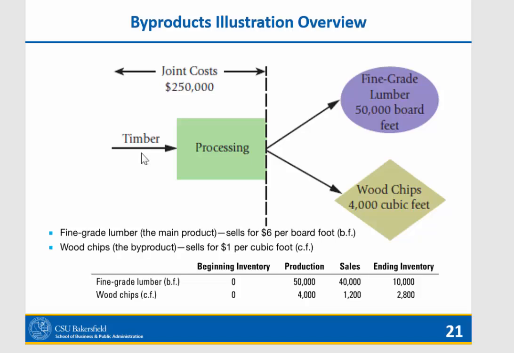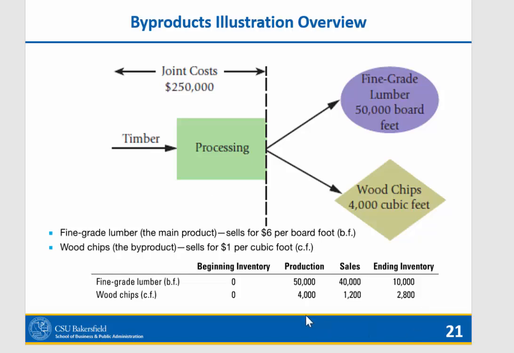The fine grade lumber can sell at a higher price, which is $6 per board foot. For the wood chips, it's $1 per cubic foot. So if you sell all the fine grade lumber, you're going to receive 300,000, and for the wood chips, just 4,000. It's quite small for wood sales. So apparently we can define wood chips as the byproduct. That's how we start.